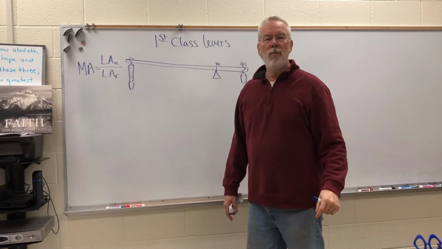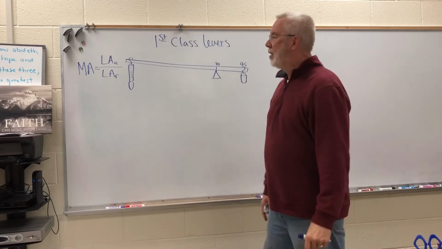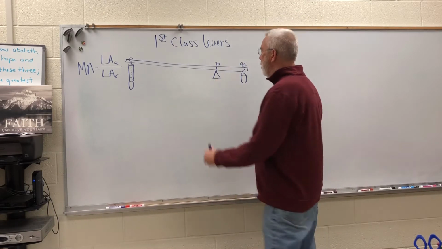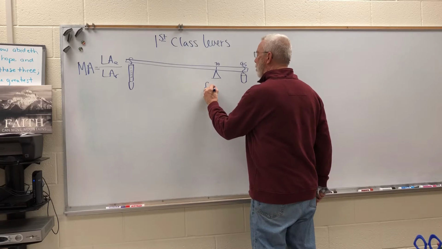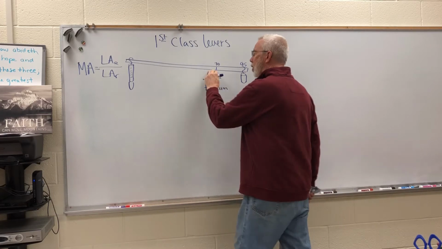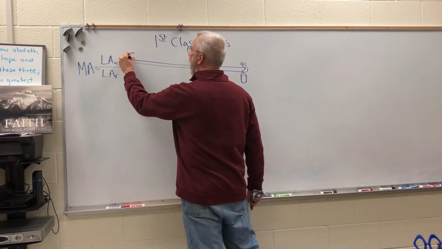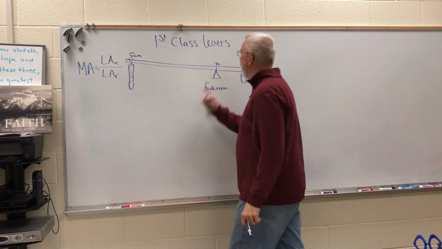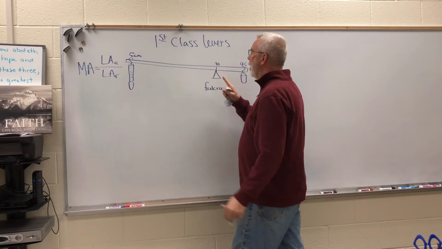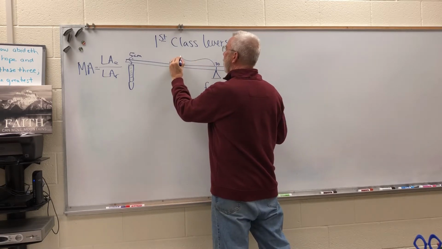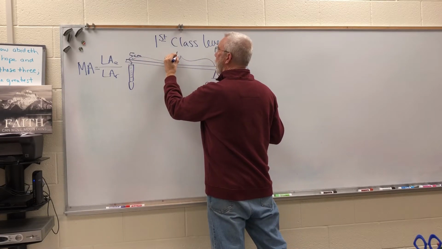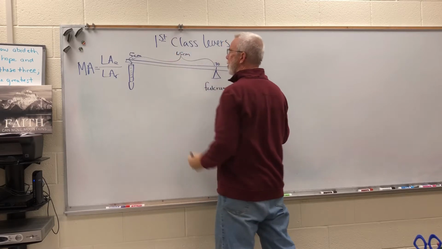The lever arm is defined as the distance from the fulcrum, we'll label that fulcrum, to where the force is being exerted. So if this is at 5 centimeters here and that's at 70, then from here to here is 65 centimeters.